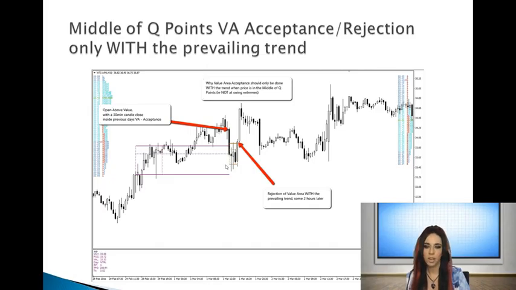And then you get a consolidation that's inside value, failing to reach this first demand that is really located in the value area low. So we have a classic value area acceptance, but because it's against the trend and not coming from a swing extreme, this is not a valid value area acceptance. So in this case, no swing extremes, it's an invalidation of an acceptance of value.